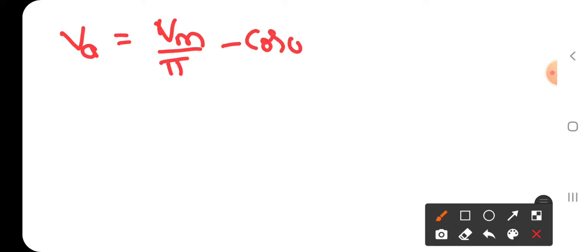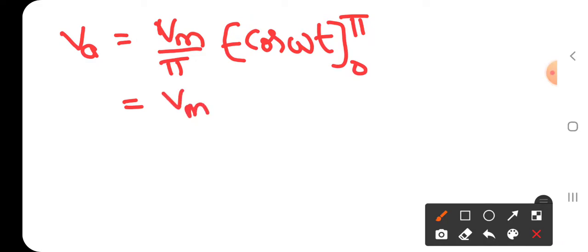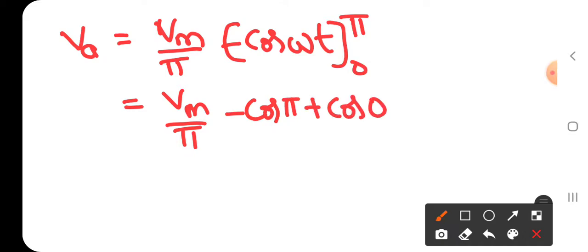So Va is equal to Vm by pi, taking Vm as constant, and minus cos omega t. Or you can also write this as Vm by pi into minus cos pi plus cos 0.